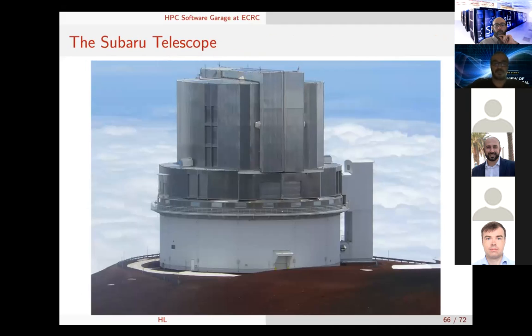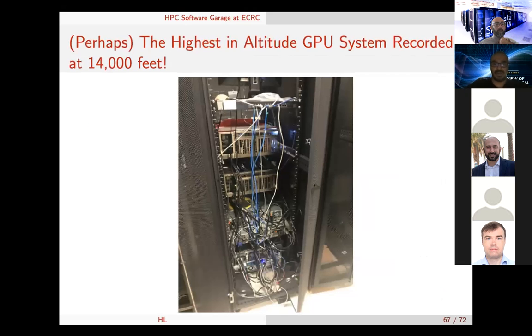We looked also at the Subaru telescope. This is a real telescope, right? The other European telescope was mostly simulation. It will be deployed soon. But the Subaru one, located in Hawaii, is a real one, so real that they have a GPU cluster located at 14,000 feet. It's probably the highest-altitude GPU system that I know of. It's a bit messy. After all, these guys are not system people, they are astronomers, so one could not really expect a lot.